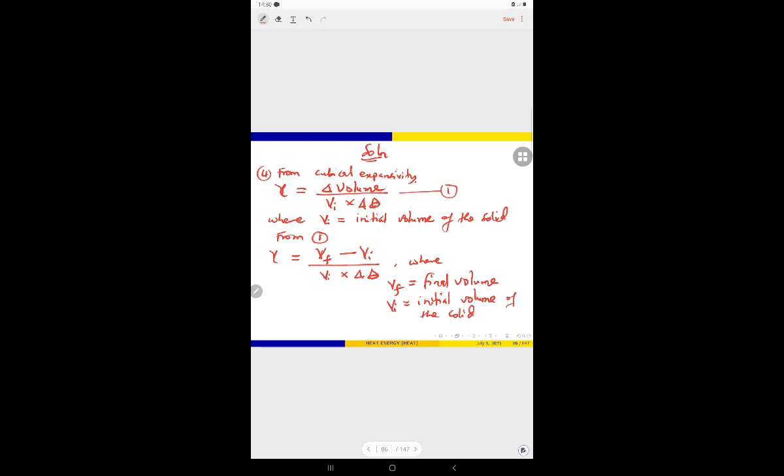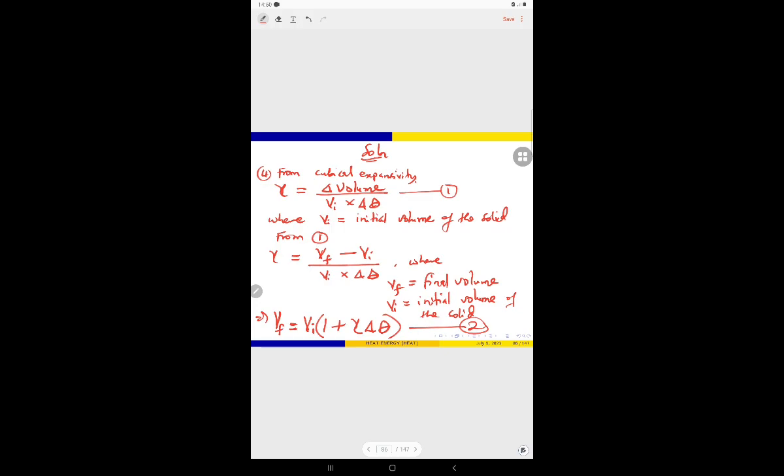Then when we make Vf the subject, it will follow the same trend. You get Vf equals Vi times 1 plus gamma delta theta. Let's call this equation 2.